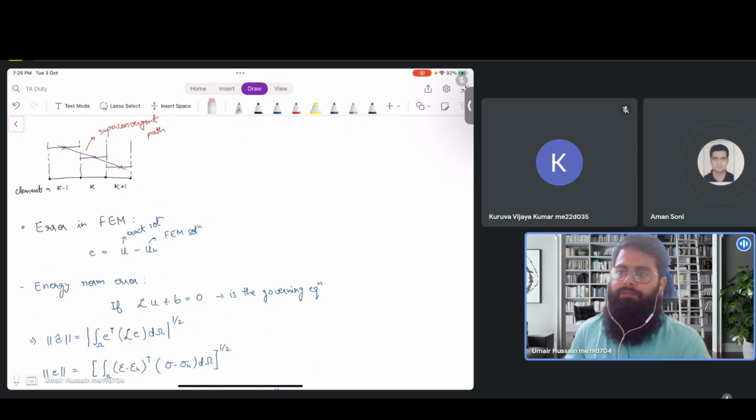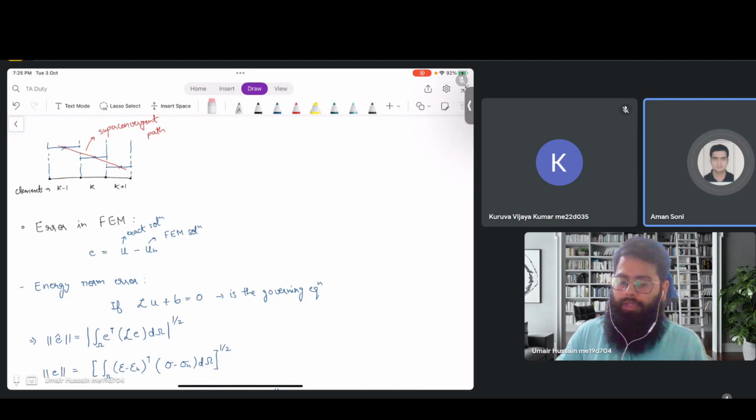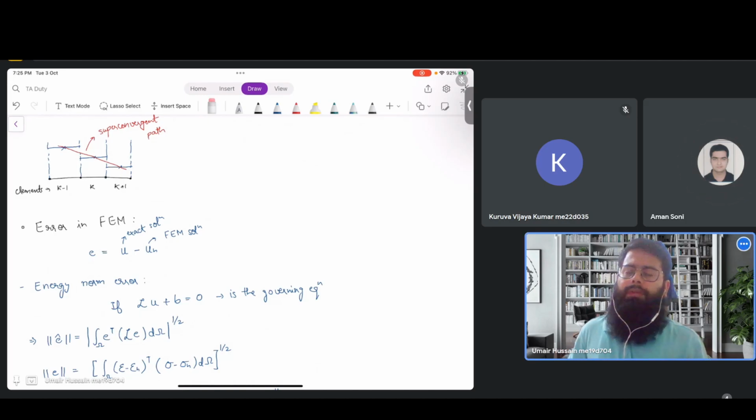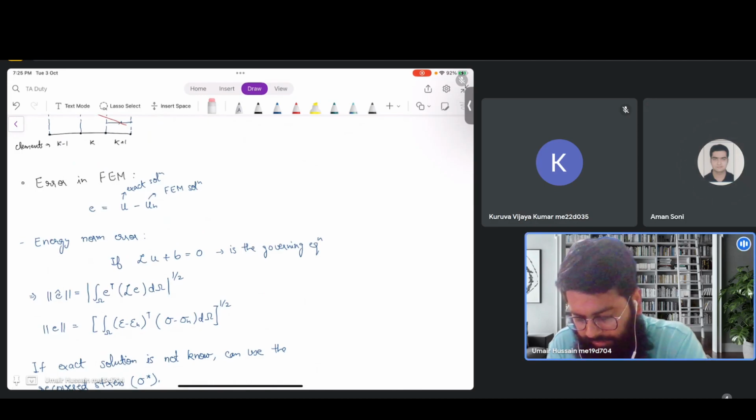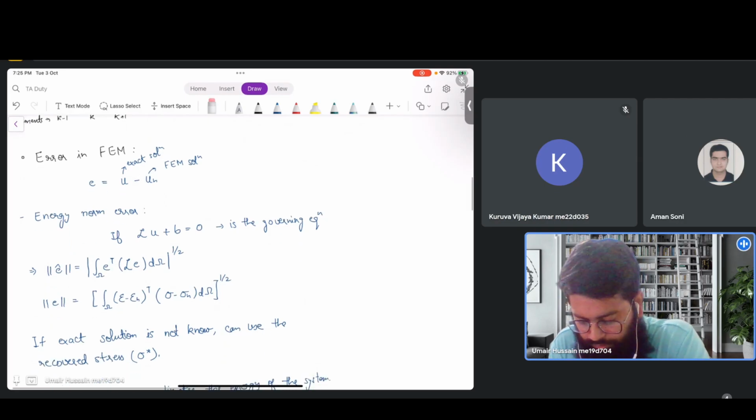There's nothing fixed, but there can be a point error, where we define error at a point, and there are others like the error L2 norm, error energy norm, and so on. In this class we discussed only the energy norm. Basically, we find the difference in the energy and integrate it over the domain.